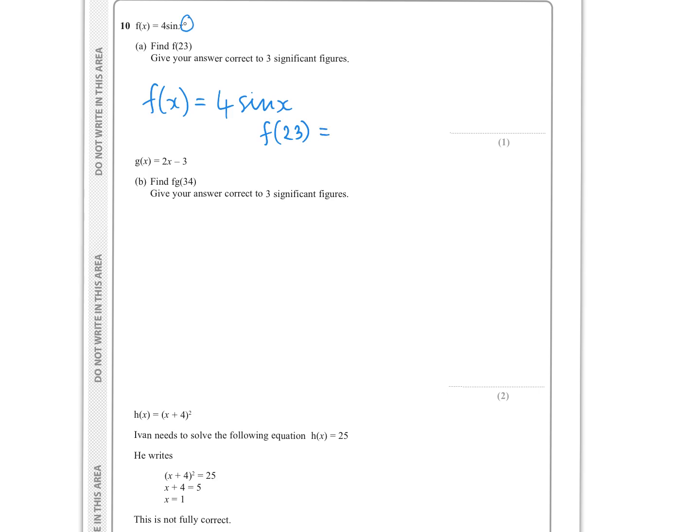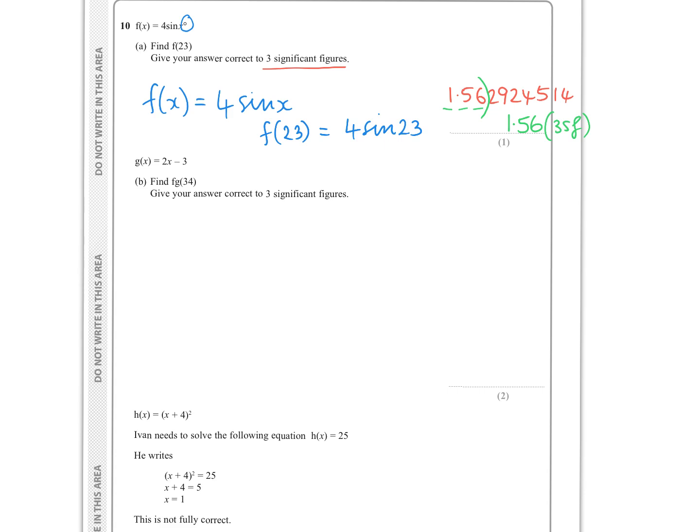So all we have to write is 4 sine 23 on our calculator, and I'm going to write everything on my display. 2924514, and it's to 3 significant figures. So 1, 2, 3, and we're going to get the answer 1.56 to 3 significant figures.